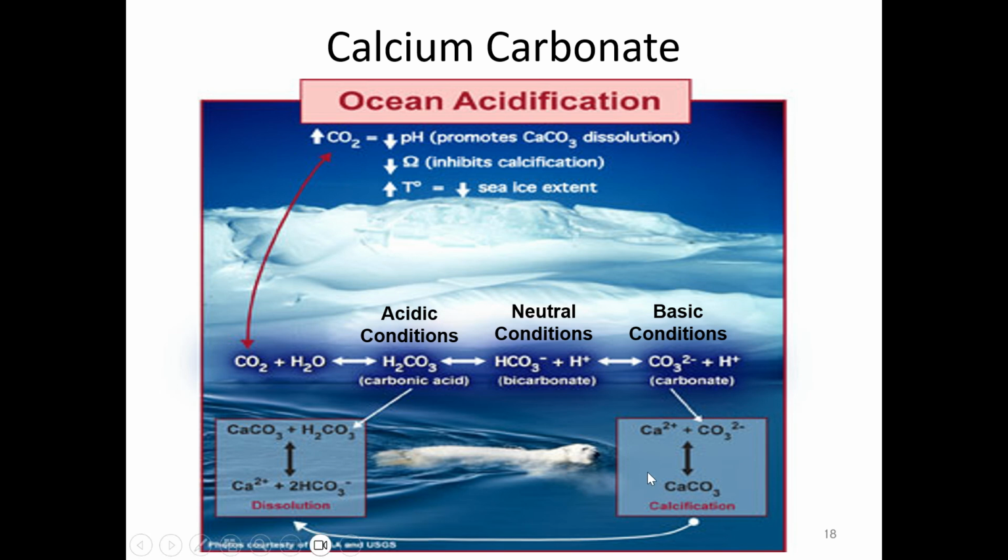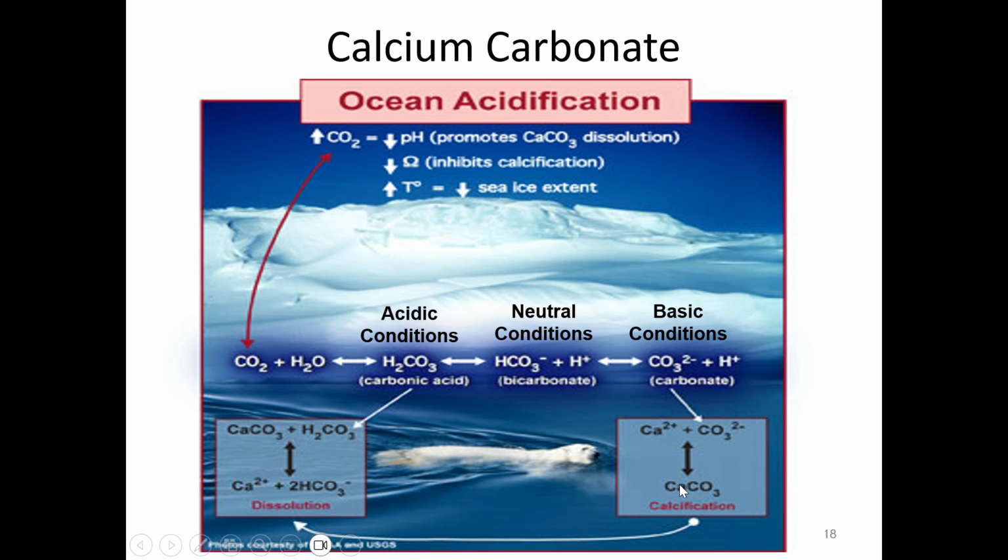So if you're in basic conditions, the more basic it is, you actually have this situation where it breaks down, becomes carbonic acid, becomes carbonate, but you get a creation of calcium carbonate, which is what makes up shells. That's good. However, if we're in acidic conditions, lower pHs, then it doesn't get over here.